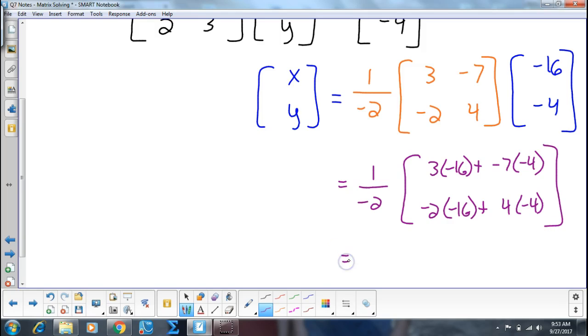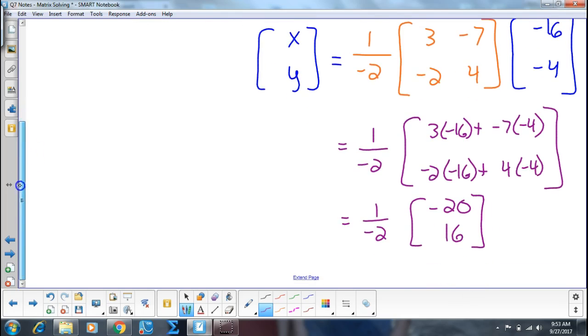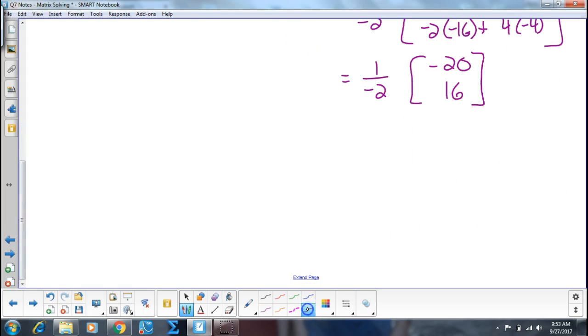So that is 1 over negative 2 times negative 48 plus 28 is negative 20. 32 plus negative 16 is 16. So that gives me x and y here as positive 10 and negative 8.